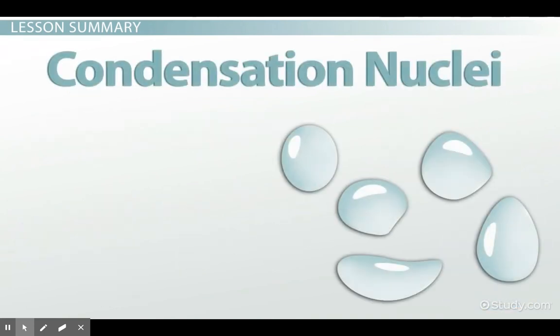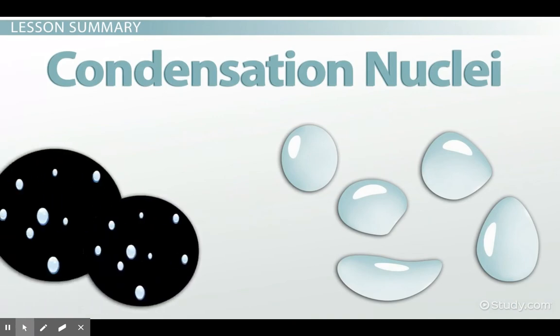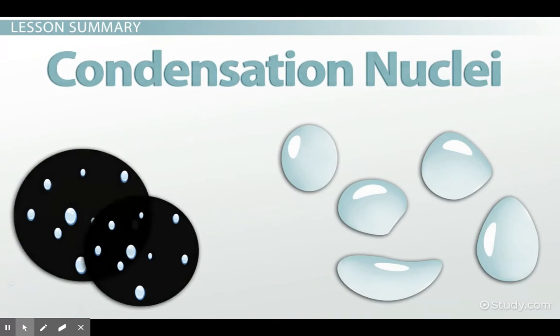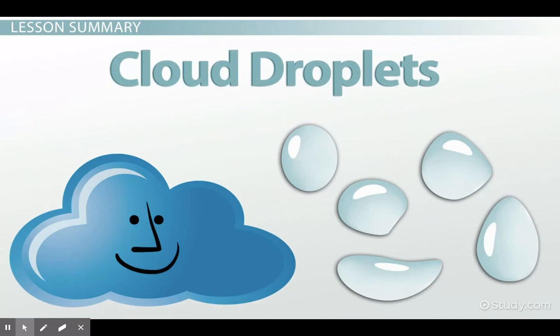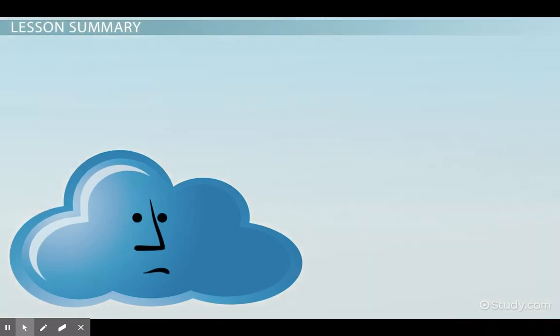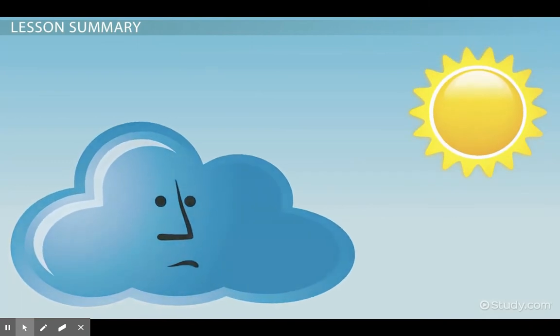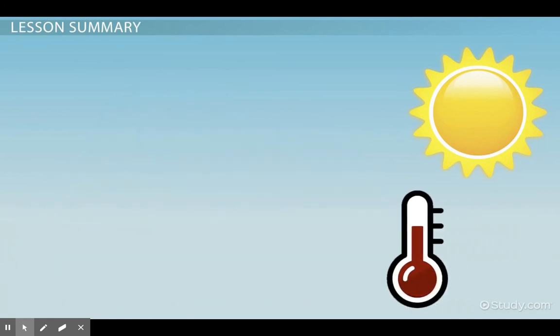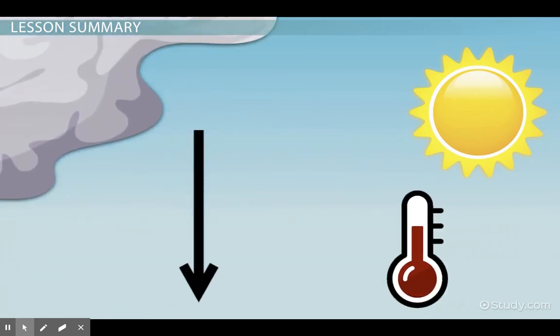When water vapor condenses in the atmosphere, it does so on tiny particles called condensation nuclei. Liquid water that is condensed on condensation nuclei can form cloud droplets. And when you have enough cloud droplets, you get a cloud. Clouds dissipate when the cloud droplets evaporate, which can happen for several reasons, such as a temperature increase in the cloud, mixing with dry air, or the cloud descending.